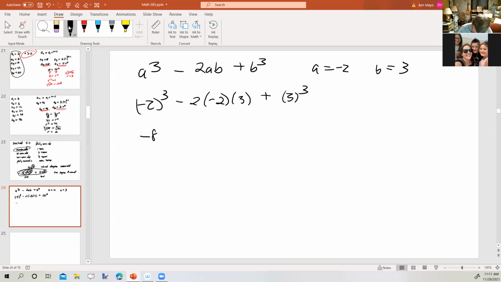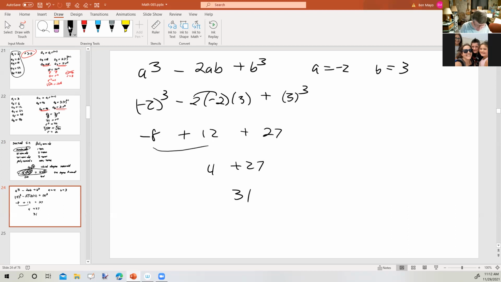Negative 2, the quantity cubed is negative 8. Minus 2 times negative 2 would be a plus 4 times 3 is plus 12 plus 3 cubed is 27. And negative 8 plus 12 is 4. 4 plus 27 is 31. Any questions about that? Anything there?